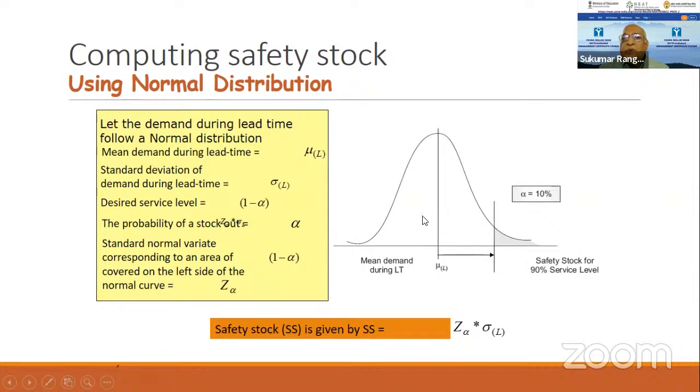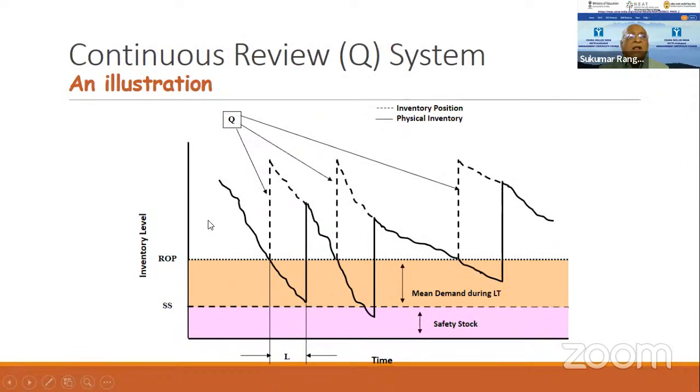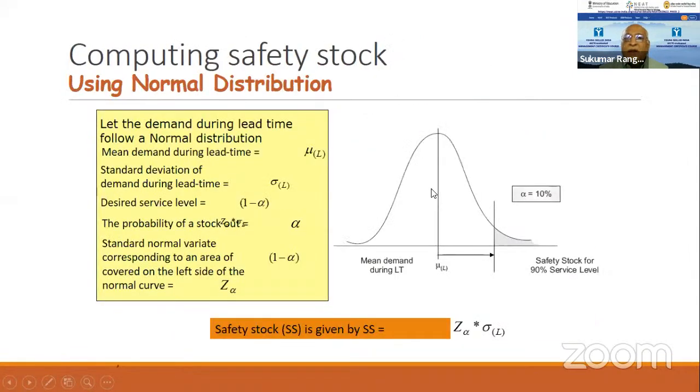Normal distribution curves have a mean and standard deviation. The curve is like that. So this is the safety stock taking into account the 90% level. If it is 95%, then it will probably increase by that much. 100%, of course, goes very high.